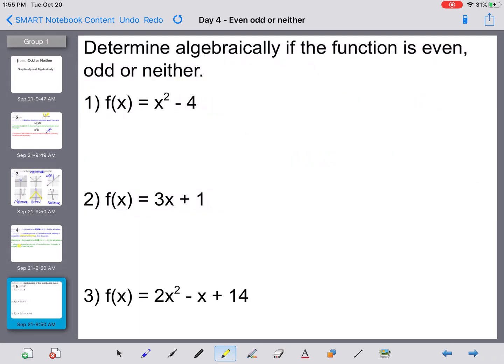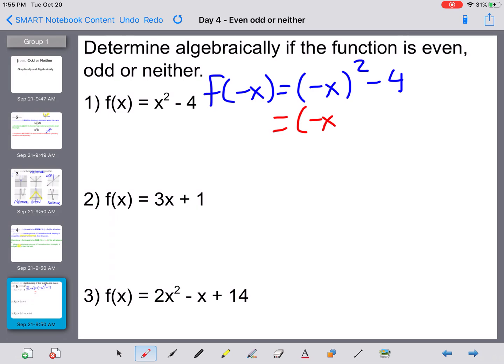So looking at these, what we're going to do is, like I said, plug in f of -x. Using parentheses, we're going to substitute that wherever we see x. Now you need to know order of operations, so this is really negative x times negative x minus 4, and negative x times negative x is positive x squared minus 4.